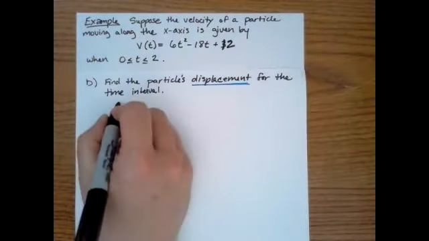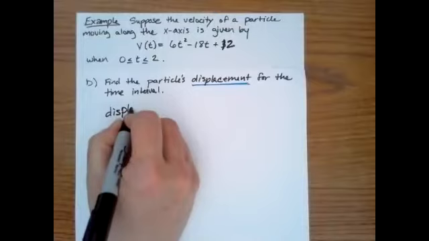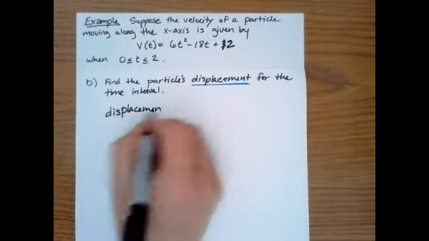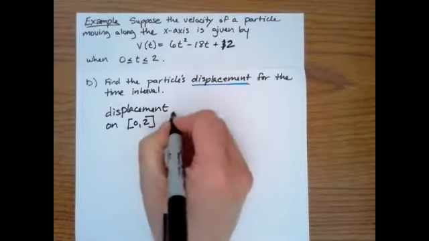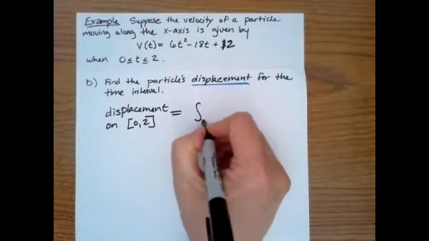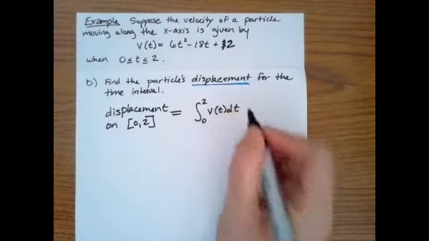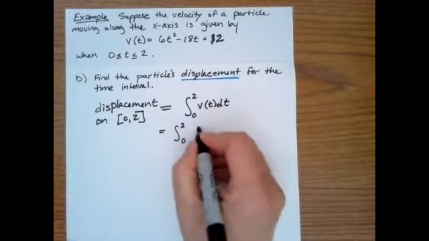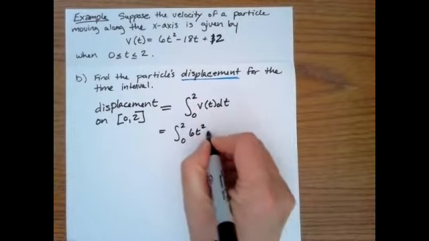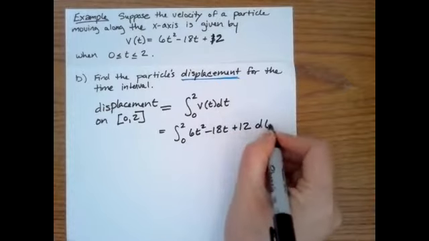Okay, our time interval was 0 to 2, so displacement on the time interval from 0 to 2 is, by definition, the integral from 0 to 2 of velocity. To make that easier, let's put in the expression for velocity with respect to time.